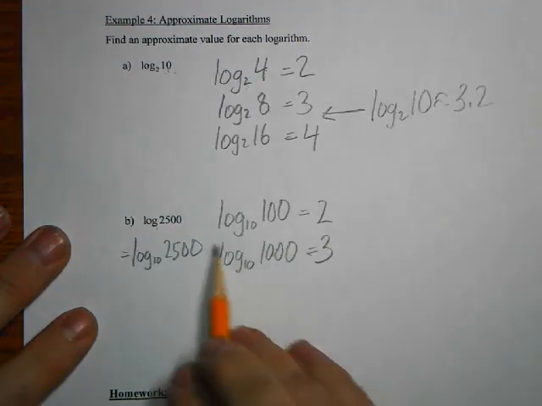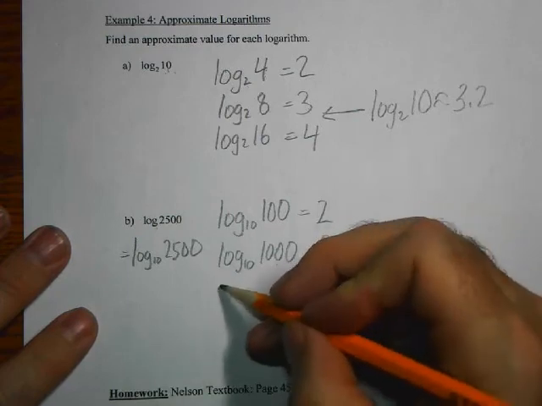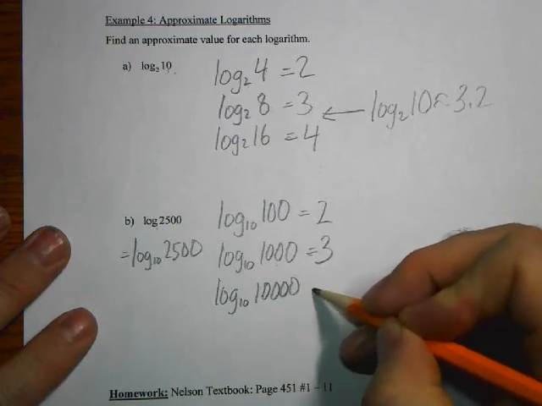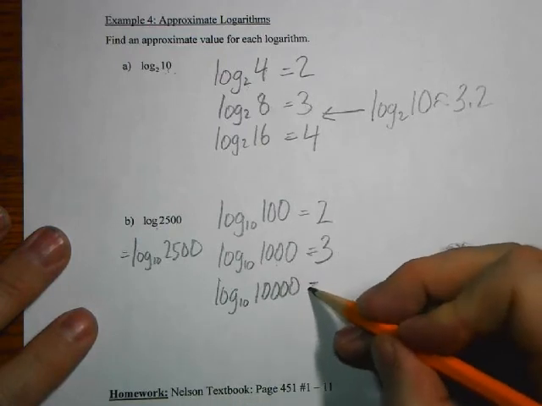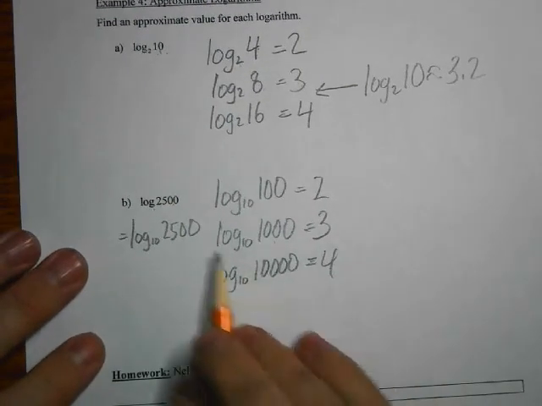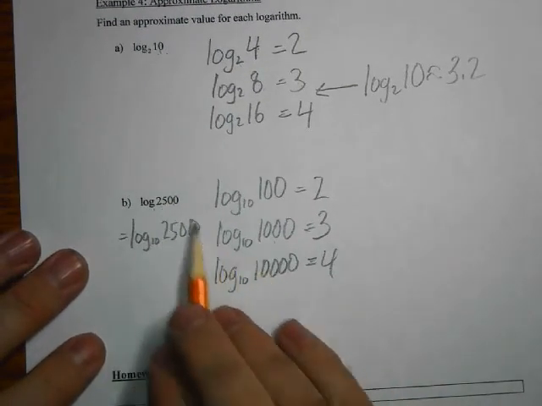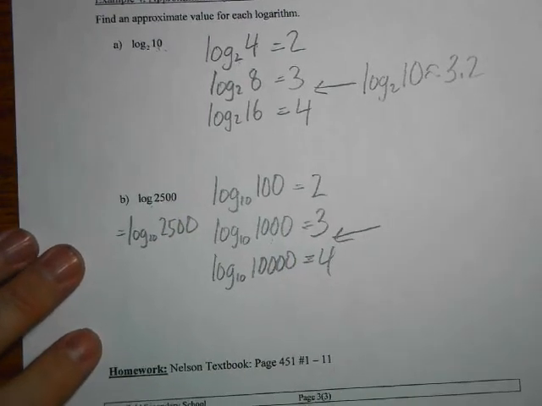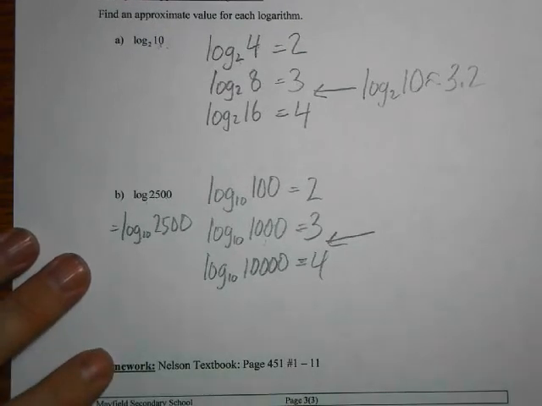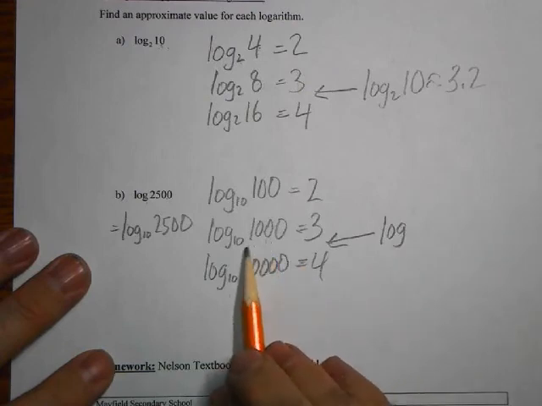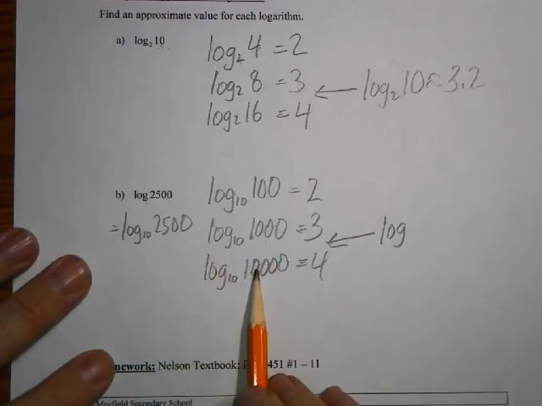Okay, so 1,000 is still less than 2,500. The next one would be log base 10 of 10,000. That would be 10 to the power 4, so the log is 4. You can see that 10,000 is a lot bigger than 2,500, which is bigger than the 1,000. So again, my result is going to be somewhere in between. It looks like it's a lot closer to the 1,000 than the 10,000. Now it's not linear.